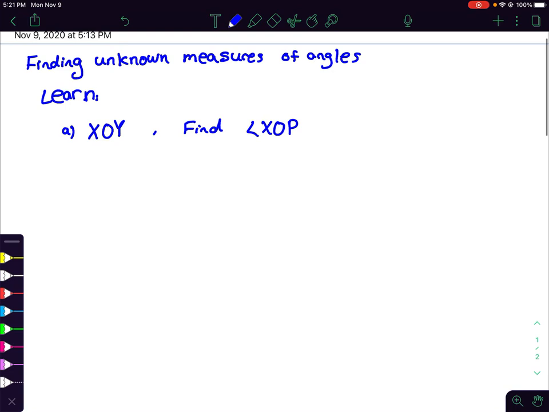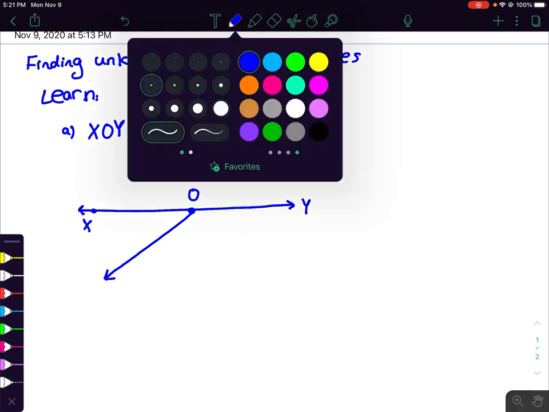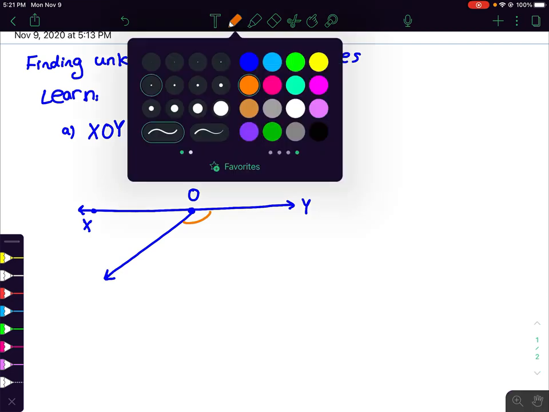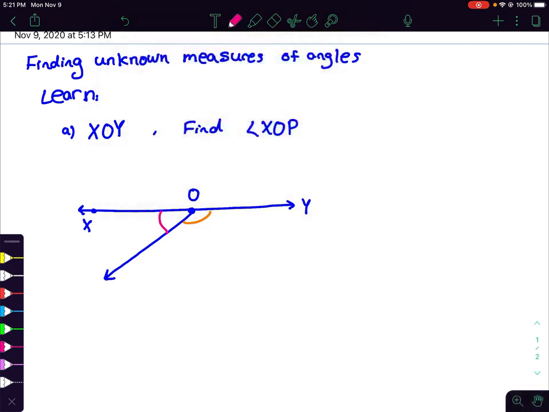So here we have this line YOX, and there is one line going this way. So therefore it's making two angles, one here, another one here.